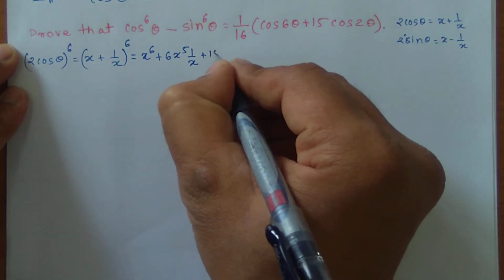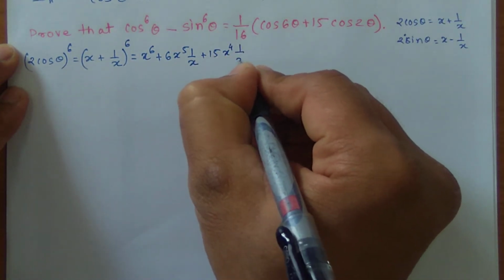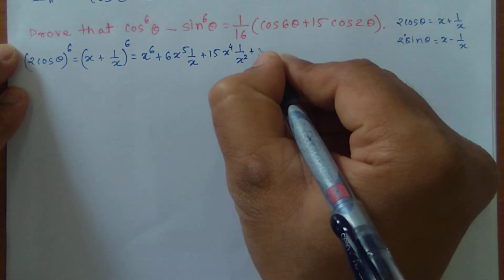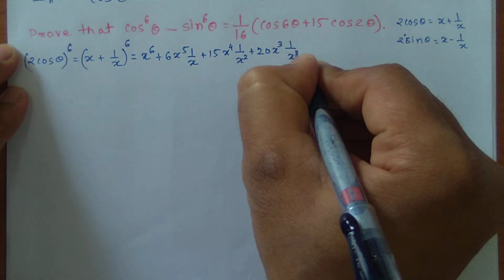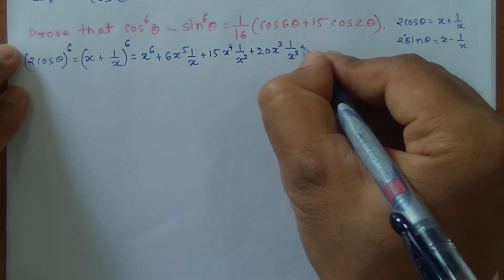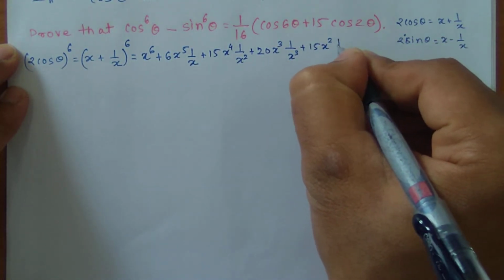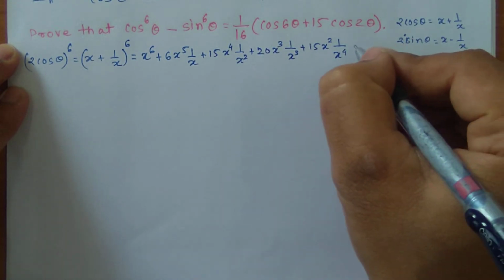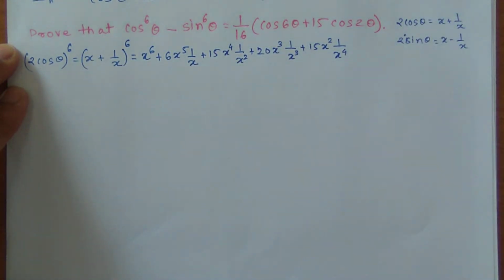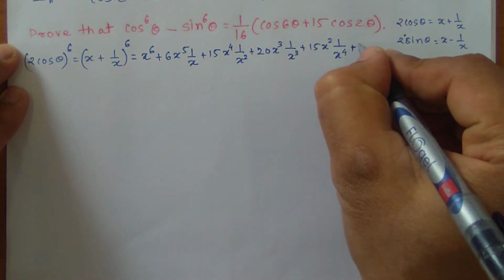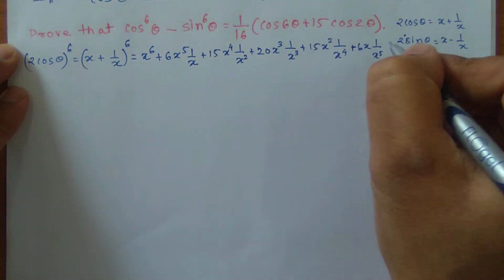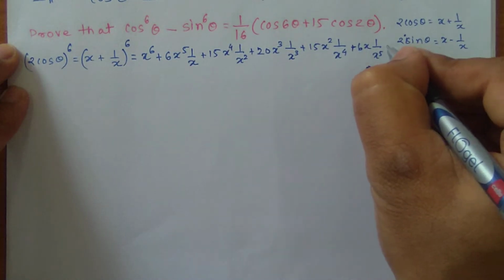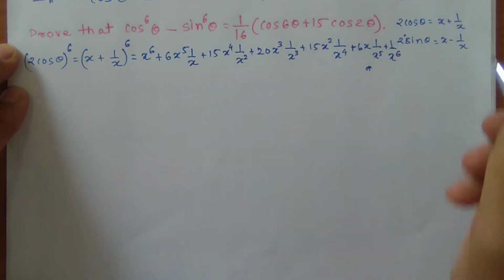Plus 15 x raised to 4 into 1 upon x square plus 20 x cube into 1 upon x cube plus 15 x square into 1 upon x raised to 4, then plus 6 into x into 1 upon x raised to 5 plus 1 upon x raised to 6.